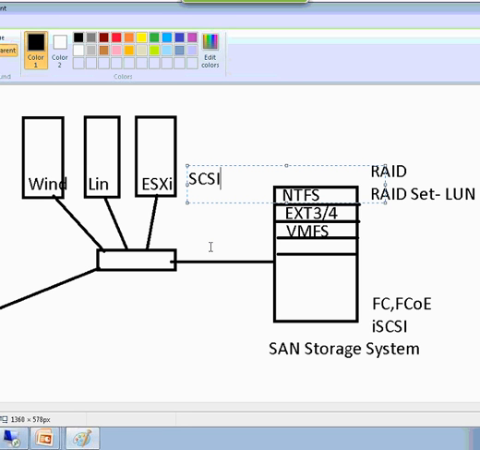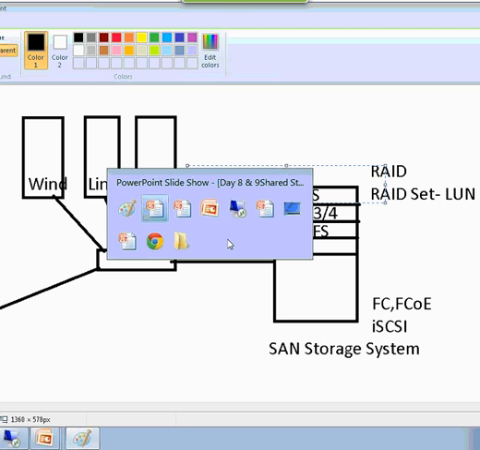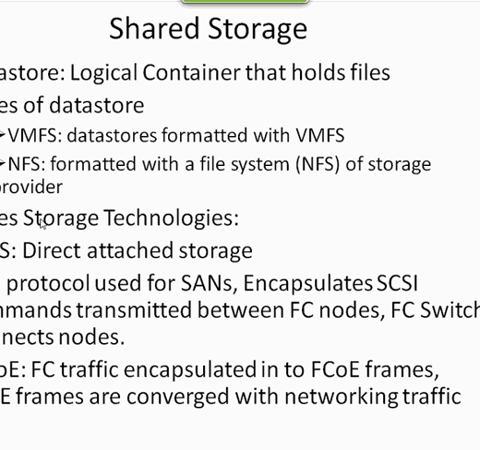And what is the medium in between? Fiber channel. In fiber channel, you don't have other protocols like TCP/IP. In fiber channel, we have the fiber channel protocol. So let us try to understand different protocols and different storage technologies here. Guys, in the beginning, I explained that a datastore is a generic term.